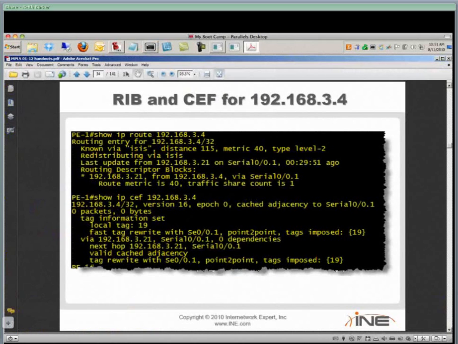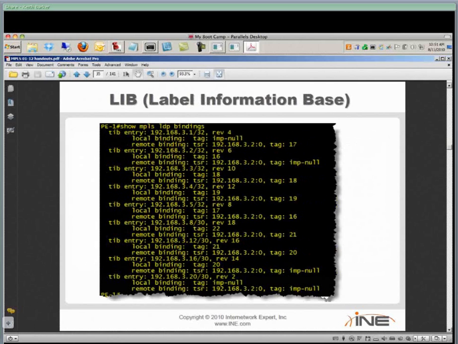As a nice recap, we did all this live, but the routing table for 192.168.3.4, and then down below we have the CEF entry for it, and you'll notice we have tags as part of that. But more importantly, we have the next hop all figured out and the exit interface. And from the adjacency table, also maintained by CEF, it will go ahead and figure out the layer 2 encapsulation and so forth that's required.